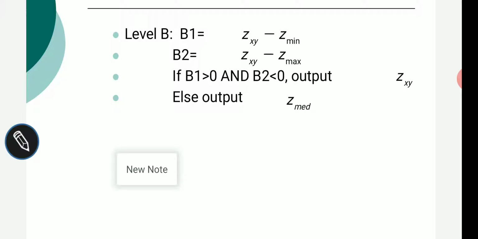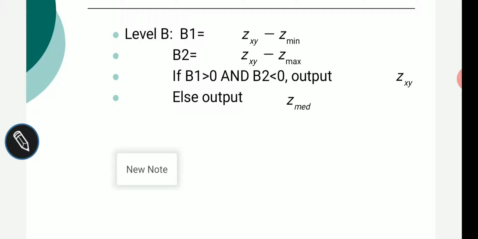The values Z min and Z max are considered statistically by the algorithm to be impulse-like noise components, even if these are not the lowest or highest pixel values in the image. Exactly, they are not the highest and lowest pixel values, they are taken as the peaks of the image.